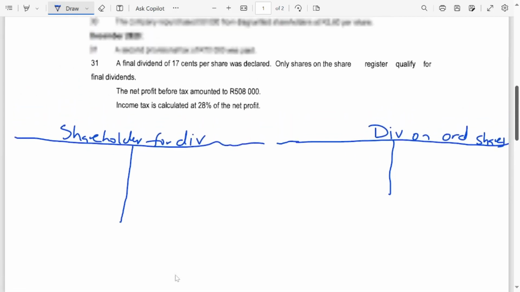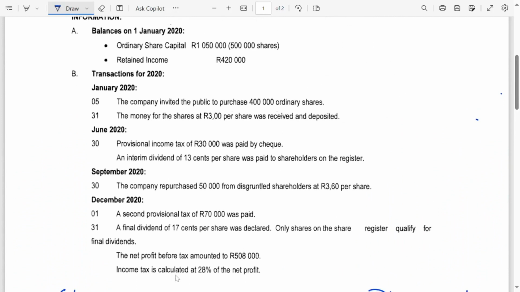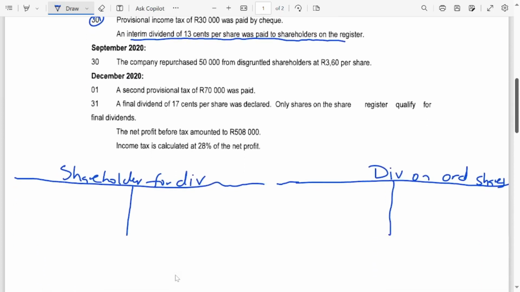What are they saying about the payments of the dividends? So you can see here in day 5, they're not talking about the payments of the dividends, but in June 2020, they said an interim dividend of 13% per share was paid to the shareholders on the register. So we made a payment, right?